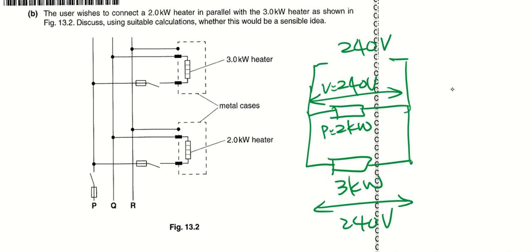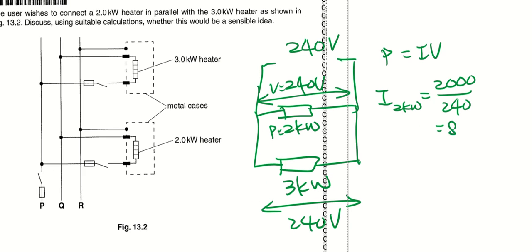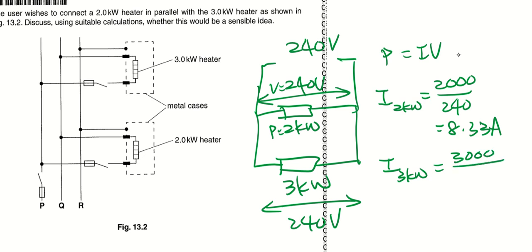So I can actually calculate the current that passes through the 2 kilowatt heater using P equals IV. Therefore, 2000 watts over 240, I will get a certain value. Then I do it for the 3 kilowatt, and because it is connected in parallel, the power is 3000 over 240.